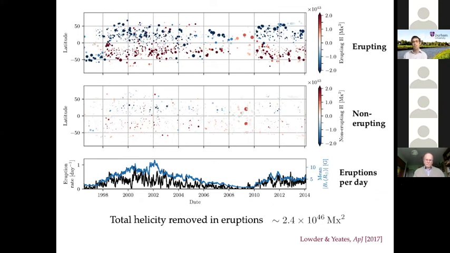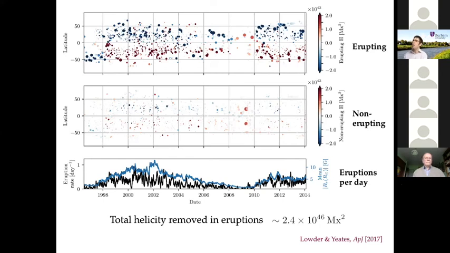What we did here was just identify individual flux ropes and try to estimate how much helicity they were ejecting. This is another time-latitude plot, and each of the dots is showing you an individual flux rope. They exist for some length of time; we're just showing them at their peak time. And they're colored by the helicity they contain.